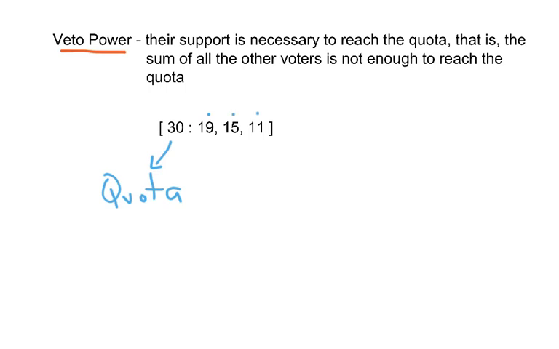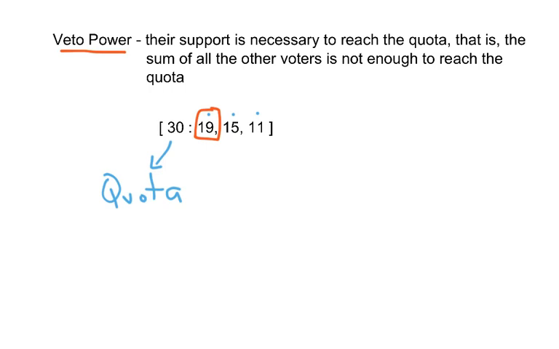And we're trying to decide if any of these voters have veto power. The way we want to start checking for veto power is look at the highest weight voter. That's the one that's most likely to have veto power if any of them are going to. So we start out by examining this 19-weight voter to see, does that voter have veto power? Well, let's see.